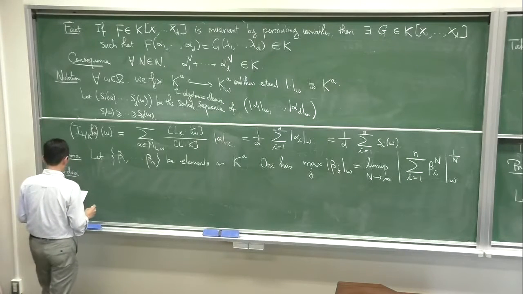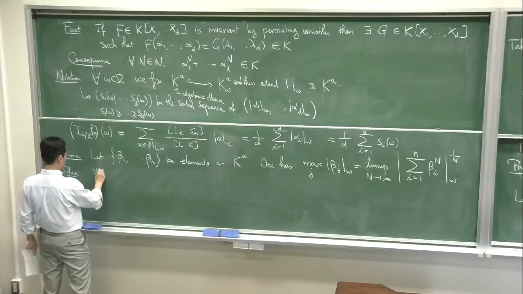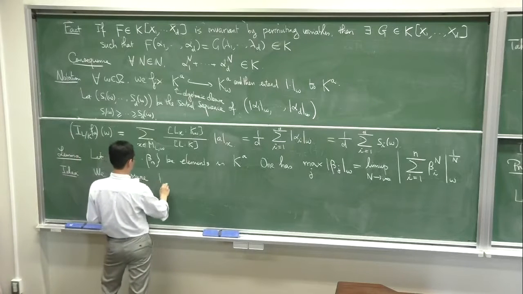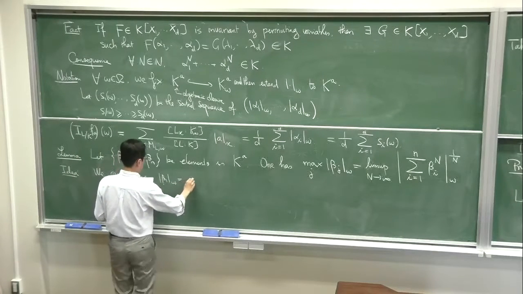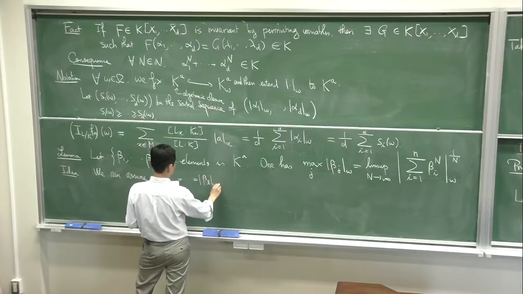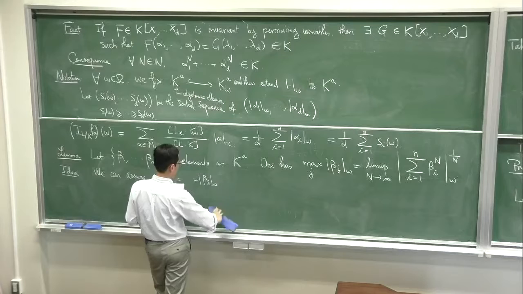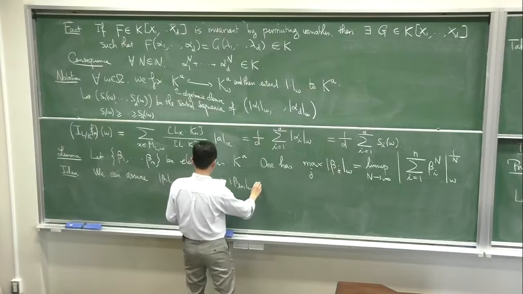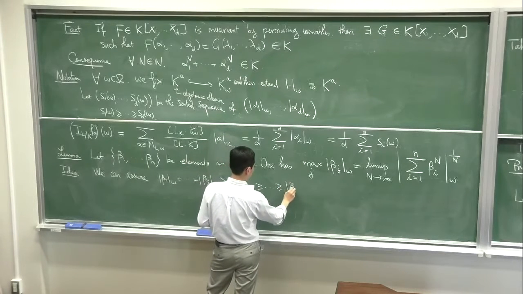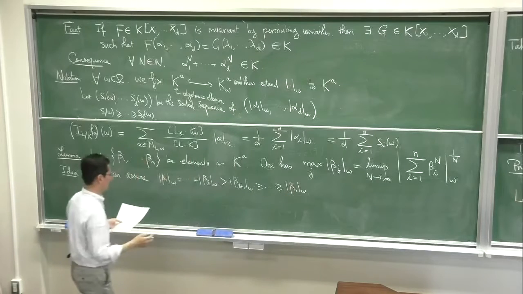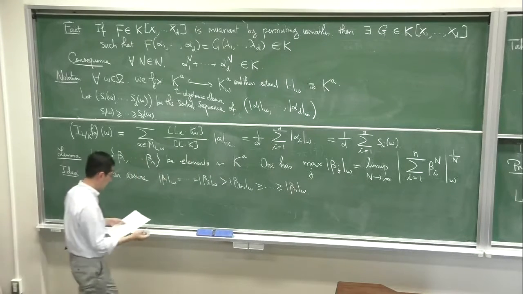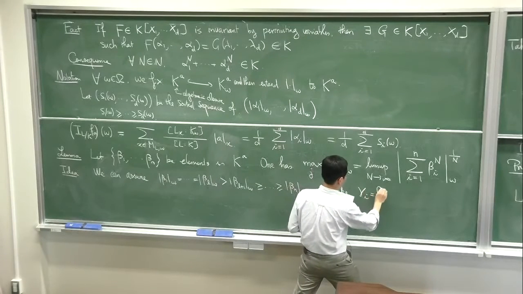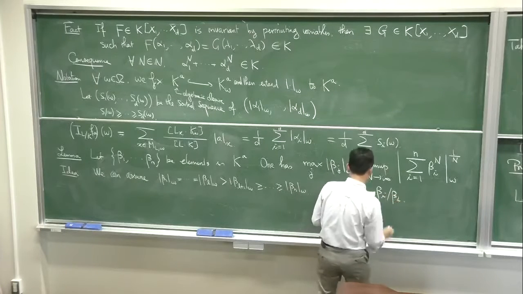But the idea is that we can assume, without loss of generality, that the absolute values of beta_1, ..., beta_L are bigger than 1, than the absolute value of beta_{L+1}(omega), etc. And then you take gamma_i, which is beta_i over beta_1.